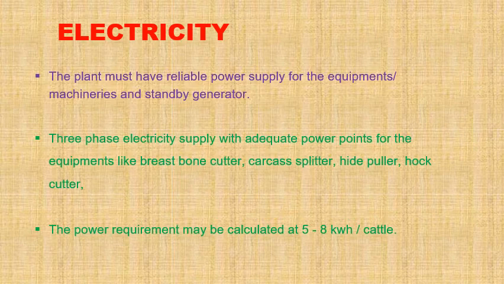It should have three-phase electricity supply with adequate power points for equipments like breastbone cutter, carcass splitter, hide puller, hog cutter, etc. I am going to talk about it later. And the power requirements may be calculated at 5 to 8 kilowatt per cattle. So if we know the total number of animals to be operated daily, based on that we can calculate the total amount of electricity required.